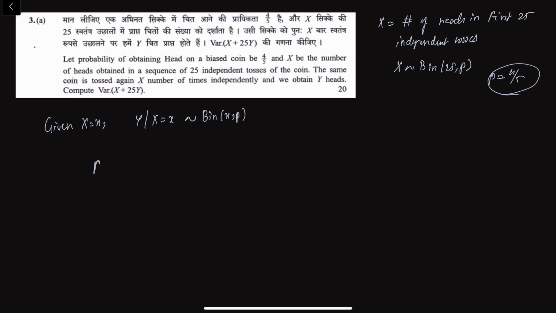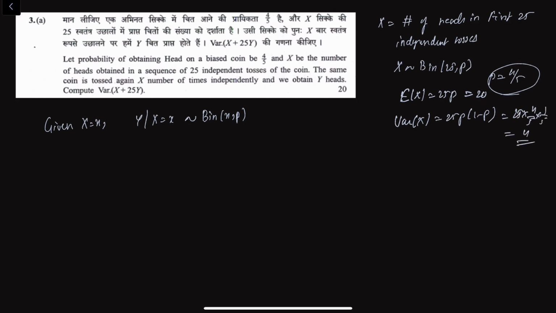So let me find the expectation of X, that is 25p, and the variance of X would be 25p into 1 minus p. So that means 25 into 4 by 5, which is 20, and 25 into 4 by 5 into 1 by 5, which is nothing but 4.